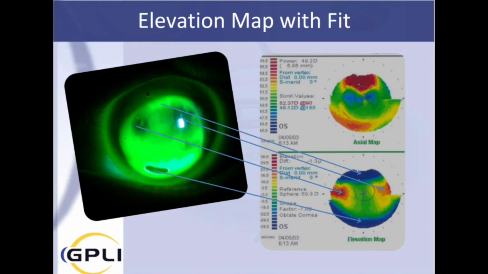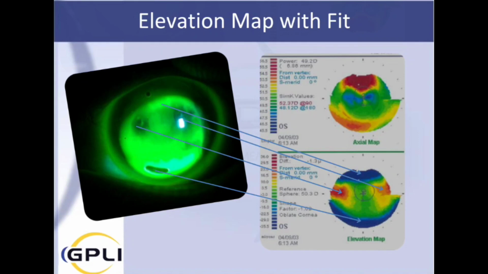That means centrally the cornea is flat or not changing much, and both superiorly and inferiorly the cornea is changing a great deal. When you look at the contact lens on this, there is touch centrally and bubbles inferiorly and superiorly. The elevation map shows high areas centrally.